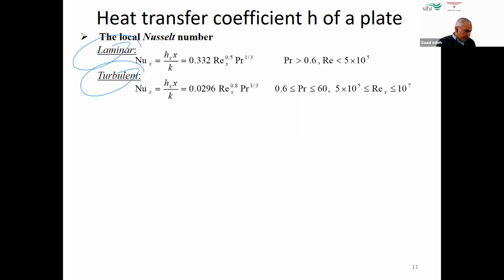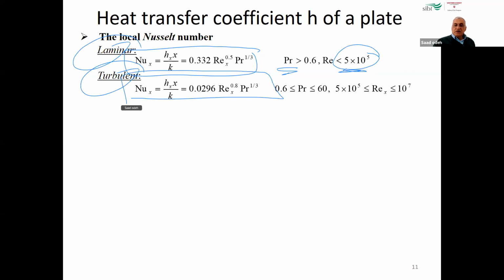Can you see here in this equation, we have the range of flow, Re. If it's less than 5 times 10 to the power 5, then we have laminar flow, as we said before. If we have laminar flow, then we can apply this equation. If Re is greater than 5 times 10 to the power 5, then it's turbulent flow, and we need to follow this equation.